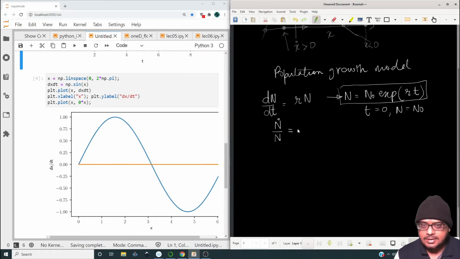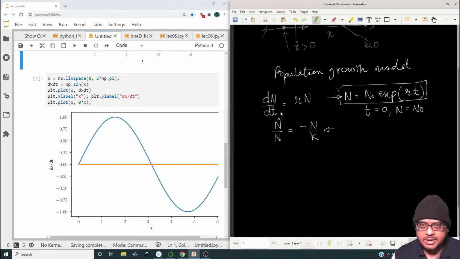So N dot upon N is given by minus N upon K. So this is a kind of feedback loop that regulates that if N grows quite large, there is a feedback which would try to reduce the population.